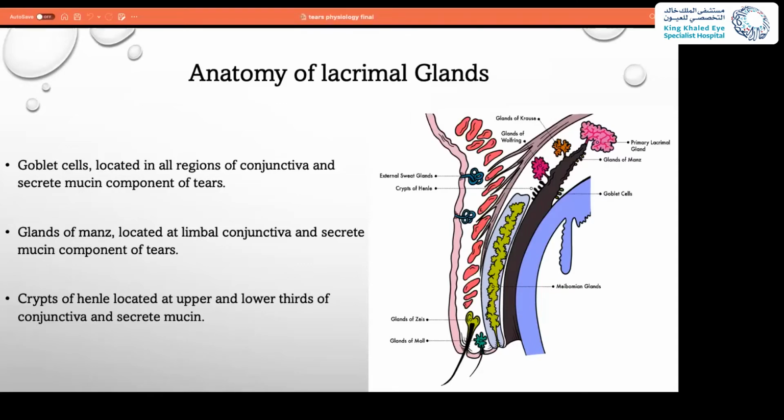The third gland is the crypts of Henle, located at the upper and lower third of the conjunctiva, which secrete mucin. I'm not sure if it's clear for you here in the photo, the crypts of Henle and the accessory lacrimal glands and the goblet cells.